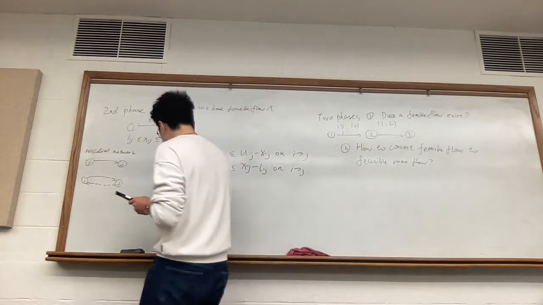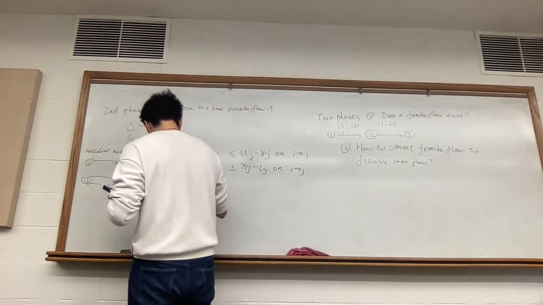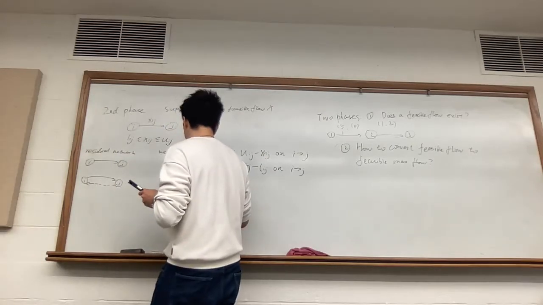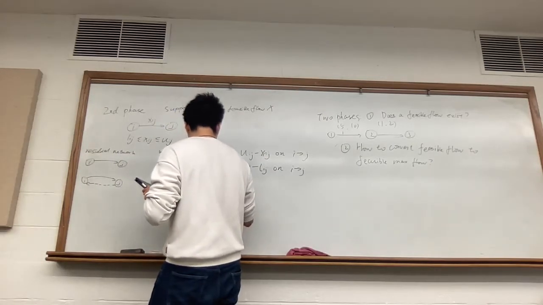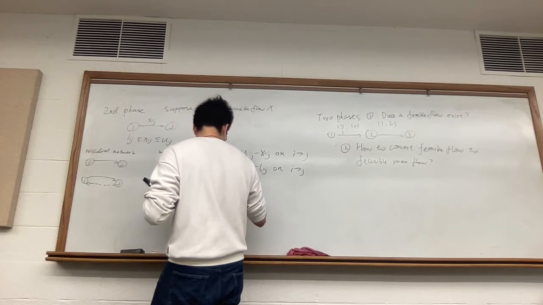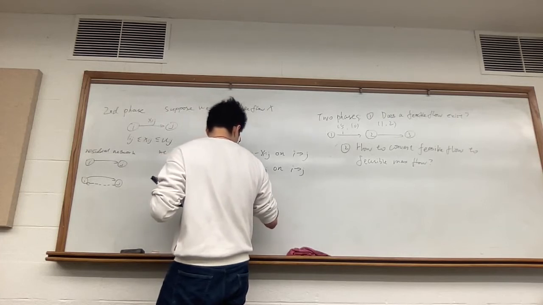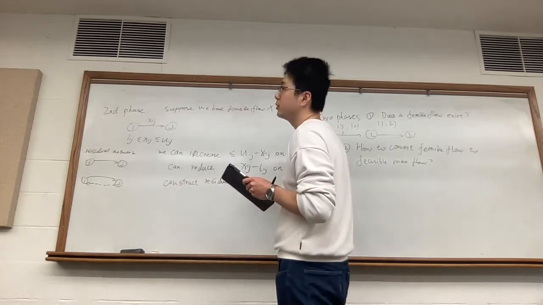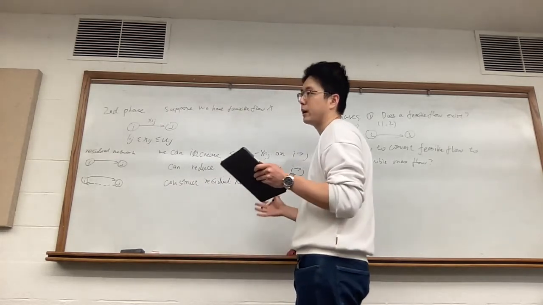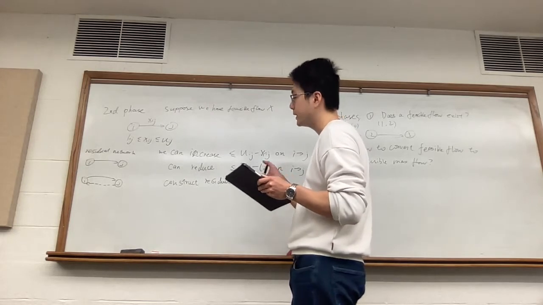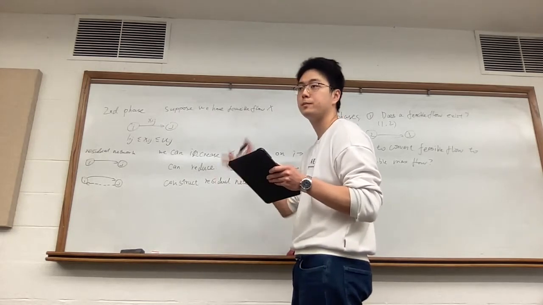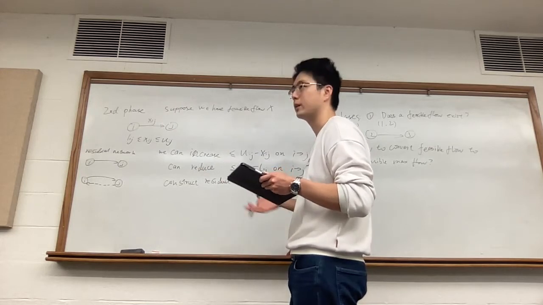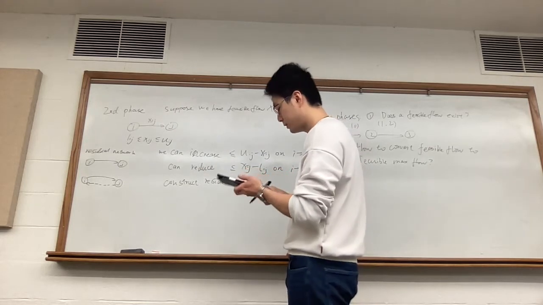Then how can we construct it? So then we need to construct the residual network. So this is equivalent to the max flow algorithm, but we are already in some intermediate step. But we need to continue so that finally we can get the optimal solution.